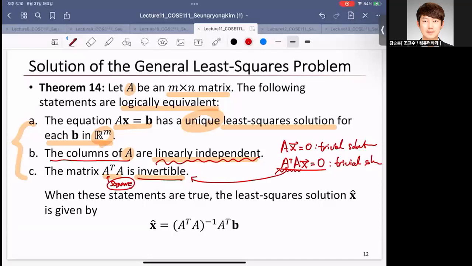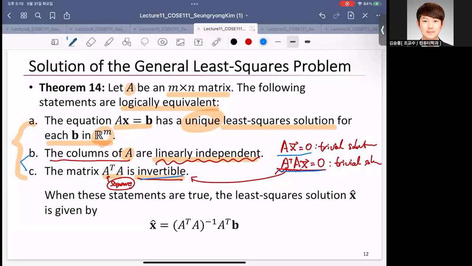Right, invertible. In other words, if A transpose A is invertible, then these statements are true. Then Ax equals 0 is also true, so the columns of matrix A are linearly independent. In other words, these two statements are logically equivalent.